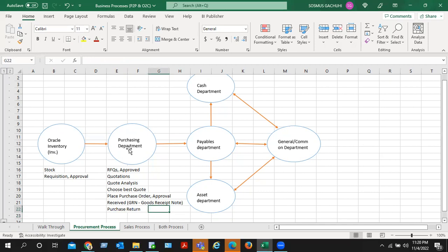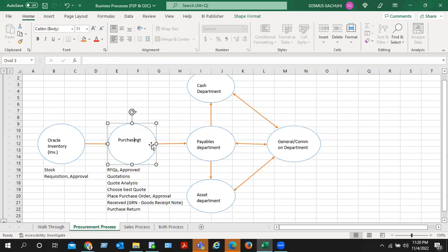So through these processes and practices, Oracle has an application which we refer to as Oracle Purchasing, abbreviated as PO.